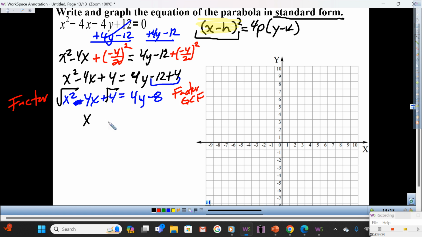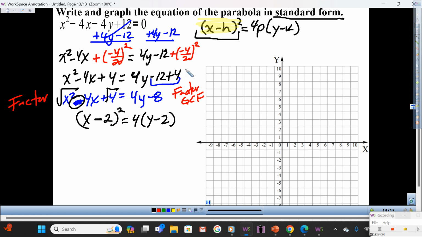Square root of 4 is 2. Sign of the middle. And we write that squared. Equals. What is the GCF for these two? What is the GCF for those two? Everyone? 4, and that leaves us with y minus 2.